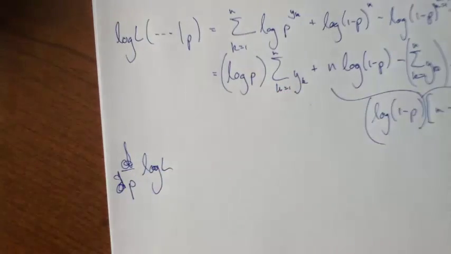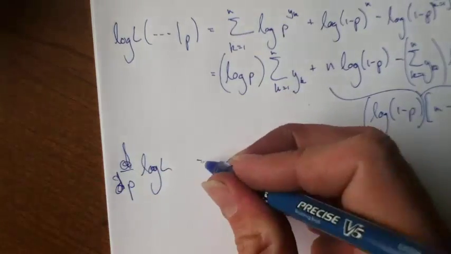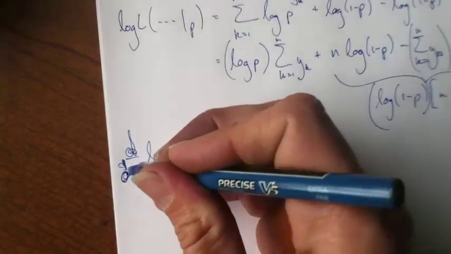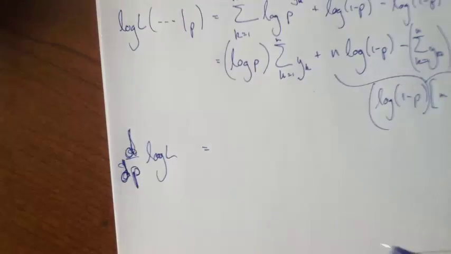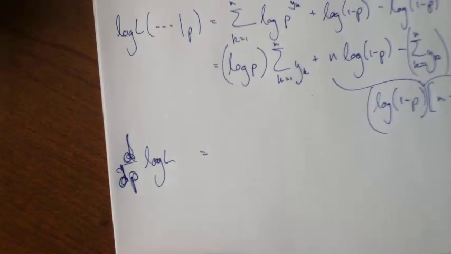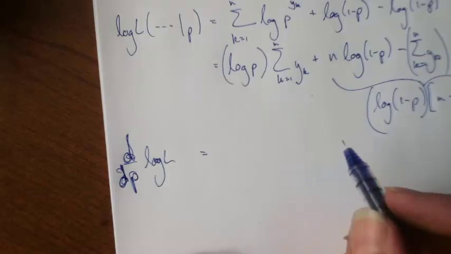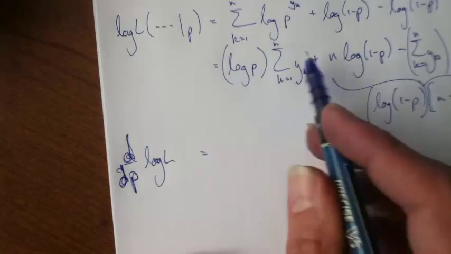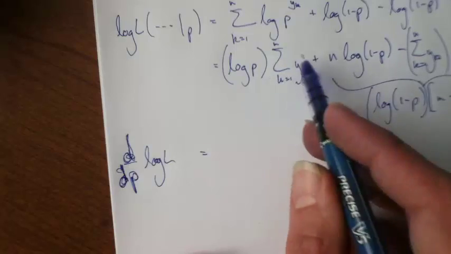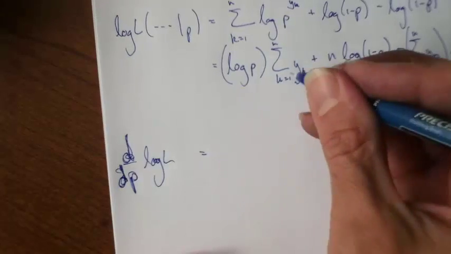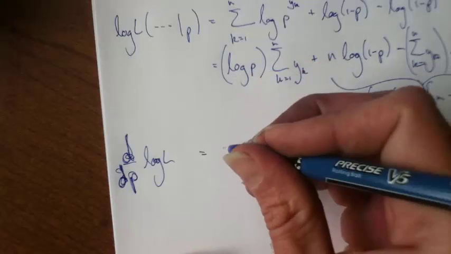I'm differentiating the log likelihood function with respect to p, because I want to find the value of p that maximizes the chance that we'd see actually what we saw. If I differentiate this first part, the sum of the yk is a constant with respect to p, so it comes out, and the derivative of log of p is going to be 1 over p.